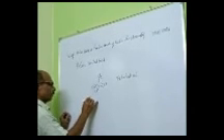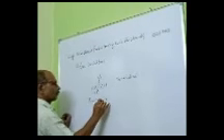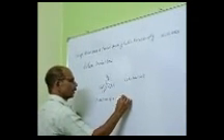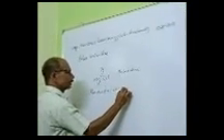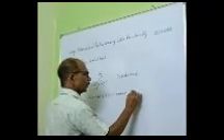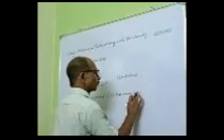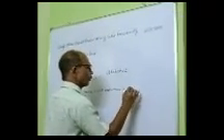4 bond moments, that means the resultant of 4 C-Cl bond moments, becomes 0.